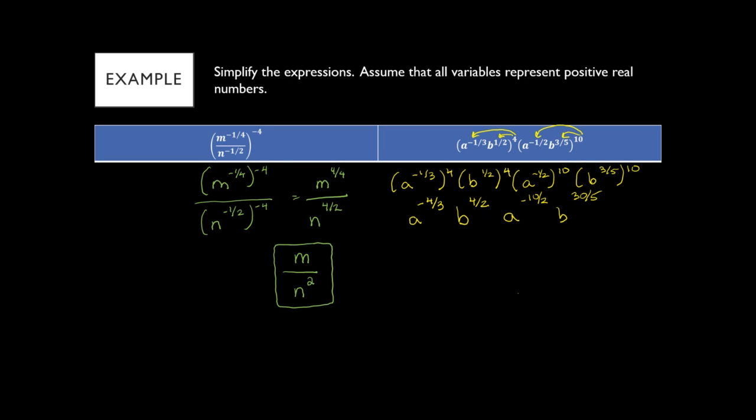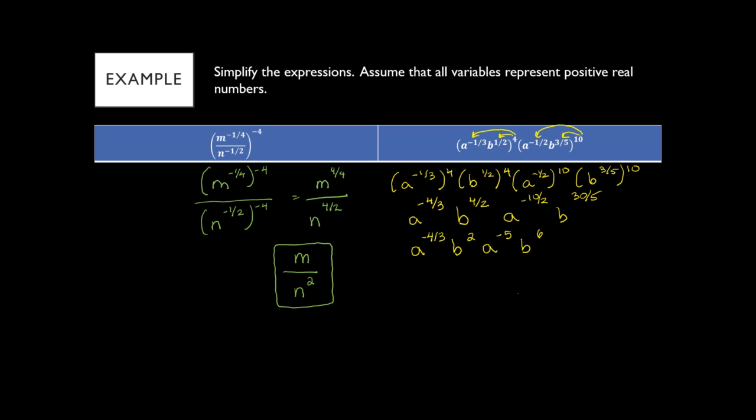So now I'm going to try to reduce all of those exponents here. Negative 4/3 does not reduce. But on my b, 4 divided by 2 is 2. On a, negative 10 divided by 2 is negative 5. On b, 30 divided by 5 is 6.